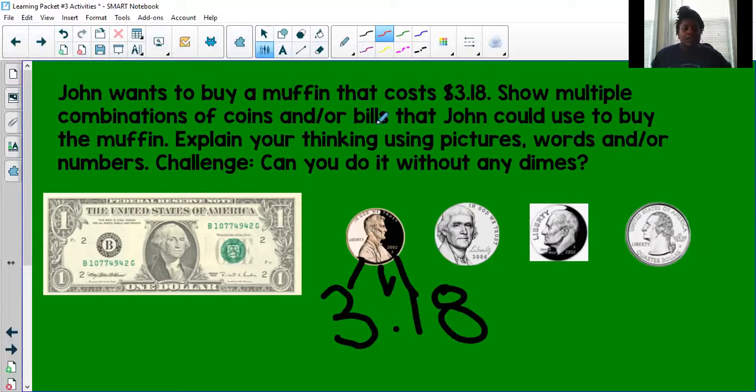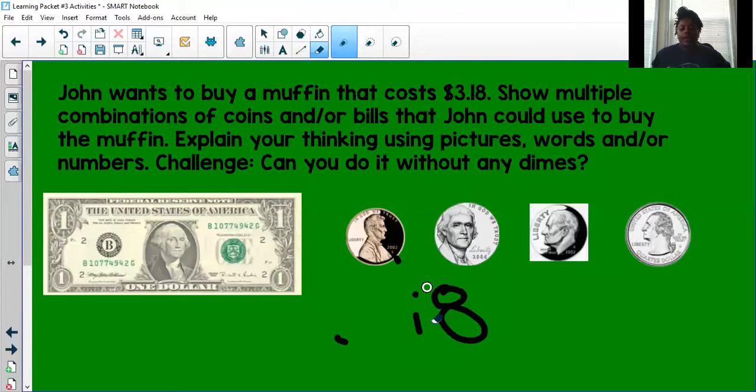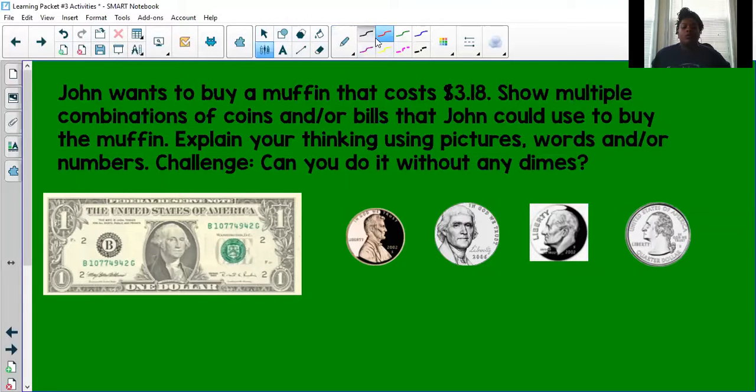So as you can see, Miss Bobbitt has already been working out her problem, just writing things down to see how she was going to figure this one out. For this one, I just wanted to go over how much each of the coins are worth before we even start. So remember, the penny is only worth what, guys?